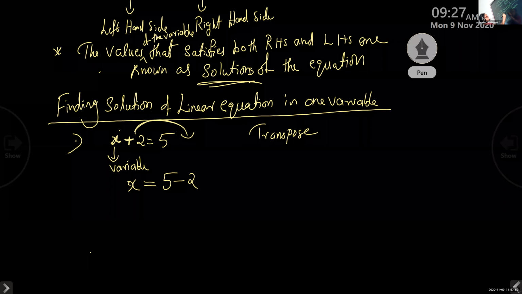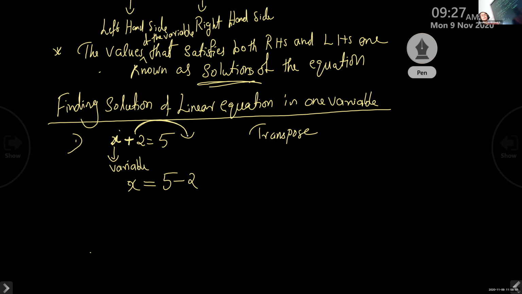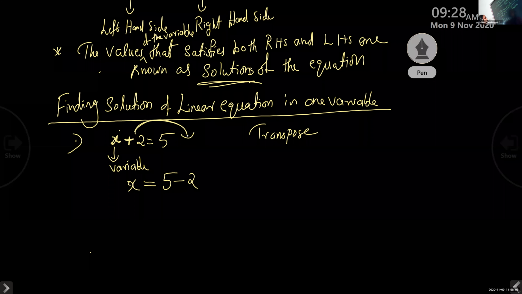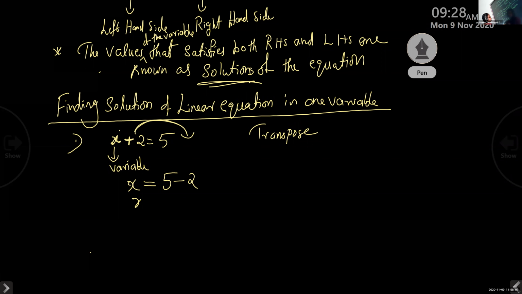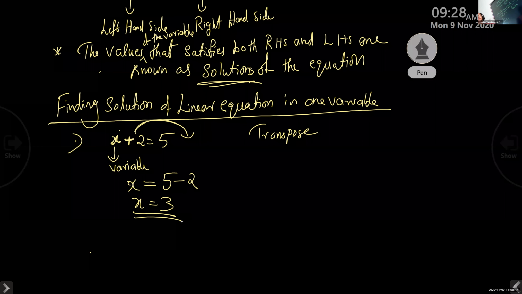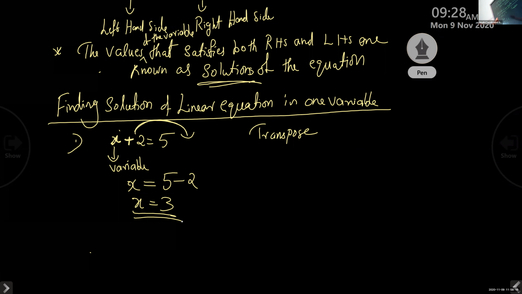While transposing to the other side, it becomes x equal to 5 minus 2. Understood? What is 5 minus 2? 3. So the value of x is 3. This is the solution of the given equation x plus 2 equal to 5.